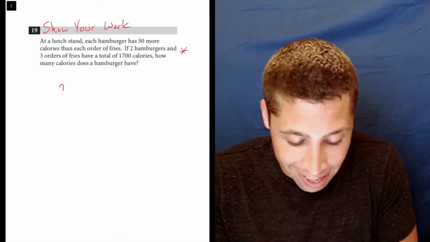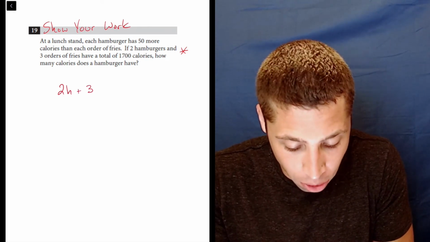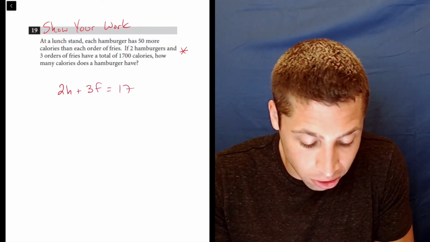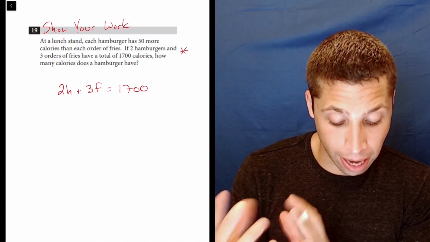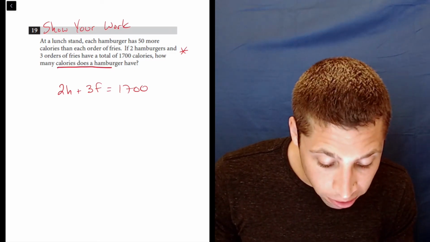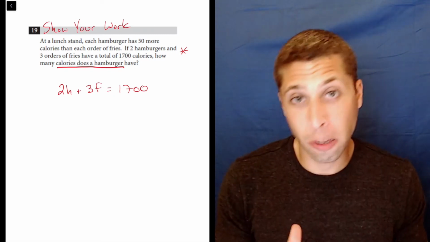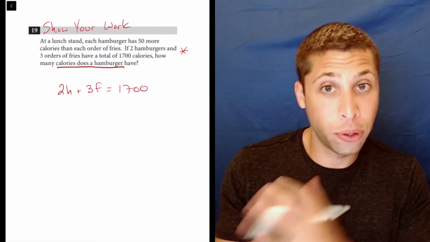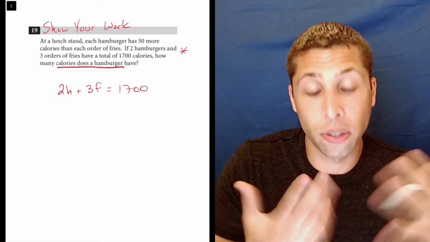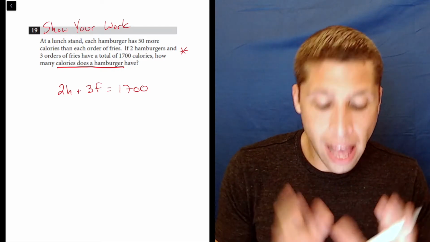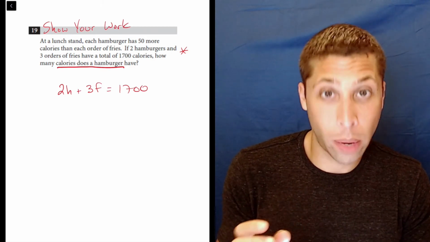I kind of just said it. 2h plus 3f equals 1,700, right? So there's a certain number of calories in the hamburger. That's what we're trying to solve for. And there's a certain number of calories in the fries, and if we have 2 hamburgers, we're going to have twice whatever that value is, 3 times the fries, right? So it's multiplication.